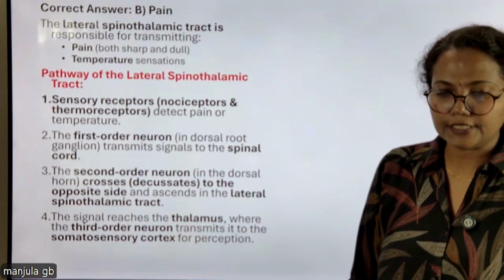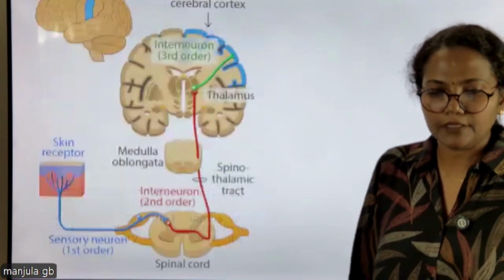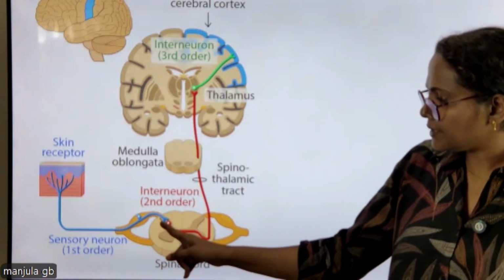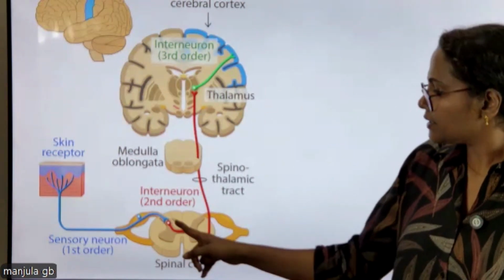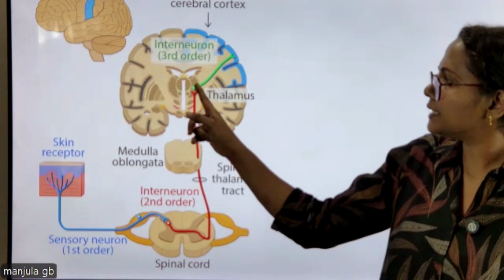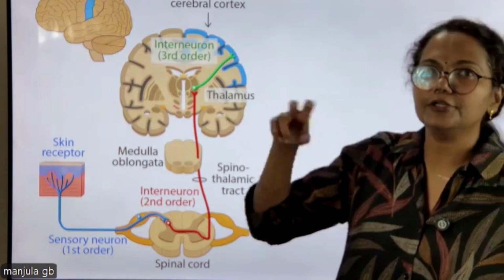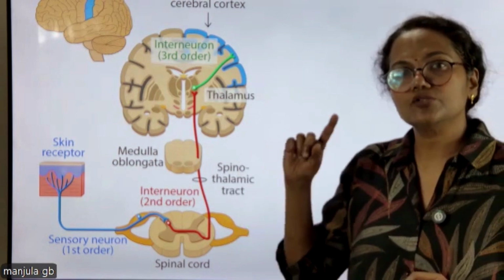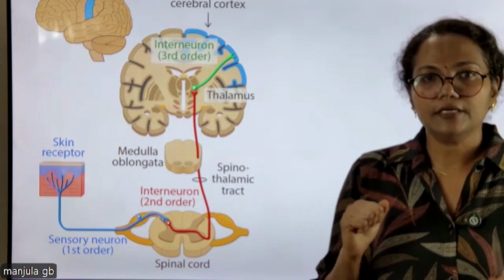The second order neuron crosses to the opposite side and then goes up. See the picture, the second order neuron is the red one. From the left it goes to the right. It crosses here, then goes up through the spinothalamic tract and reaches the thalamus. Then from the thalamus, the third order neuron carries the impulses to the cerebral cortex, the somatosensory cortex, to perceive the pain as well as the temperature.